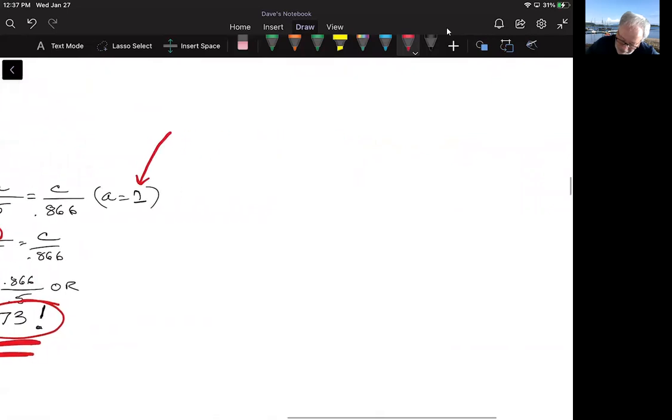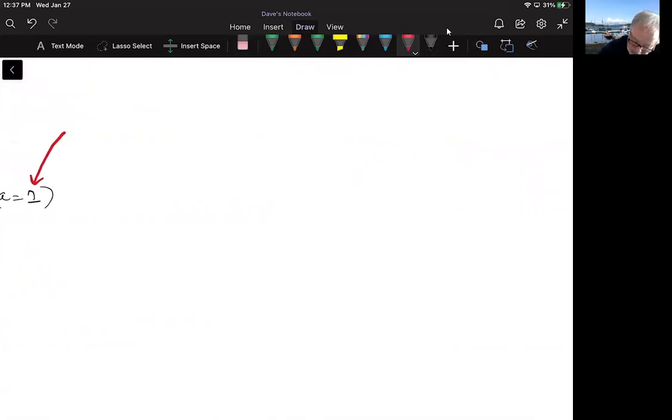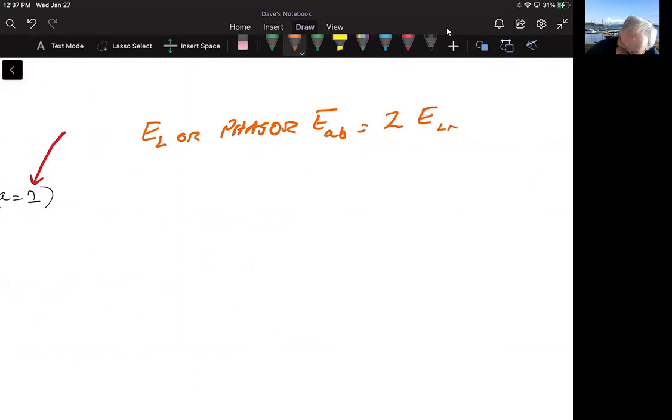Another way to get there is the way that Wildi does it in the textbook, where he says the length EL of phasor EAB is equal to 2 times the voltage line to neutral times the cosine of 30 degrees.